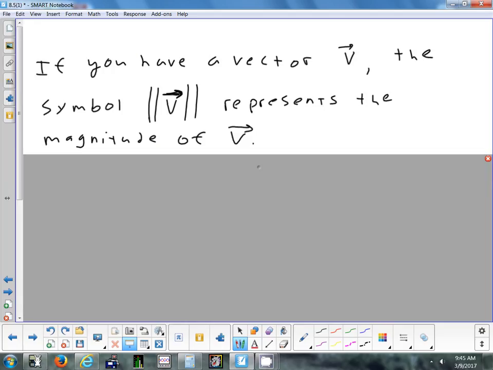All right, so this symbol, when you put double bars around a vector, this symbol means magnitude. So when we see that symbol in the rest of the lessons we're going to do after this, it strictly means the magnitude of the vector.